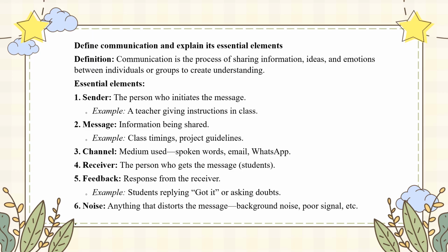Feedback, the response from the receiver. So the students reply saying thank you for this particular video because it is very helpful to us, or if we have any doubts, we will ask you, ma'am. So feedback is very important. And noise is anything that distorts the message. So background noise or poor signal could affect the message from reaching the receiver effectively.